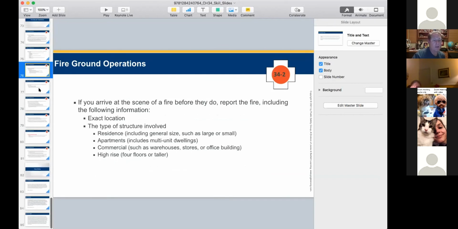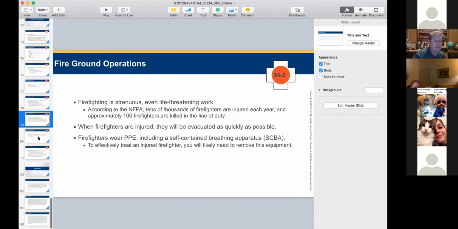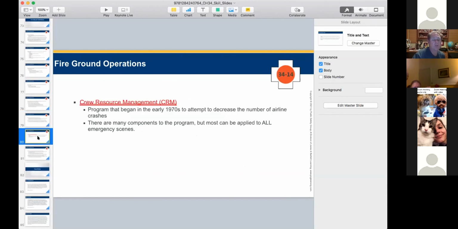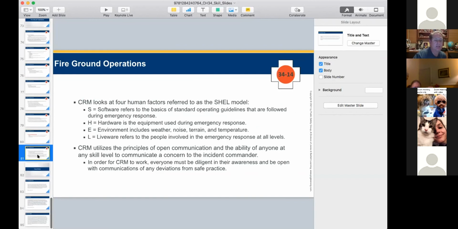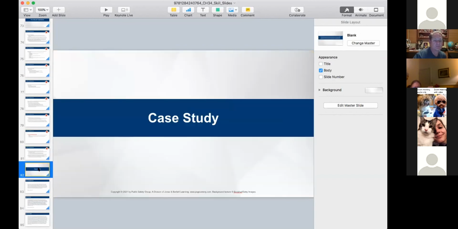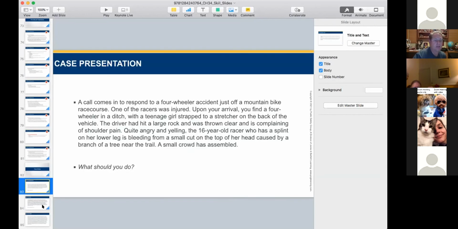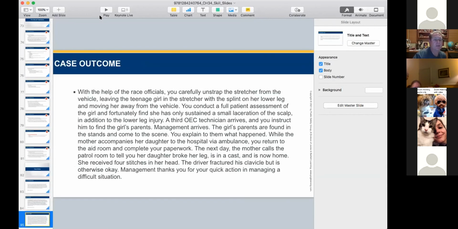So if there's nothing marked in red, crew resource CRM, crew resource management. That might be on a test. Other than that, case study, nothing really important. All right, any questions? Any questions? Going once.